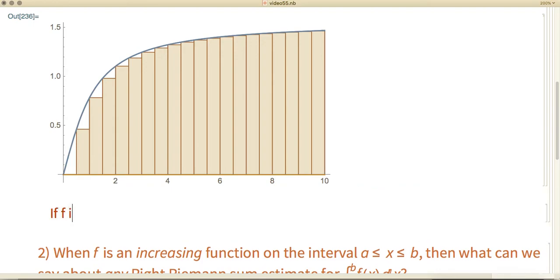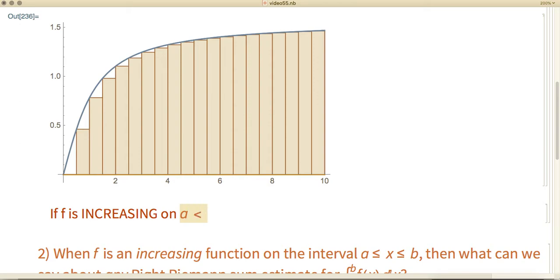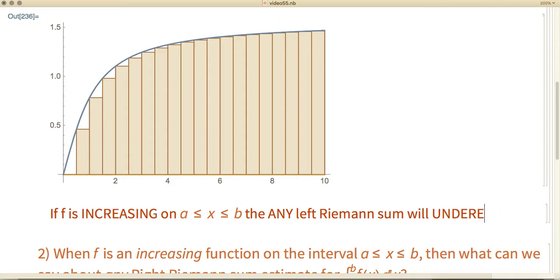If I have a function that is increasing on the interval where a is less than x is less than or equal to b, then any left Riemann sum will underestimate the integral.